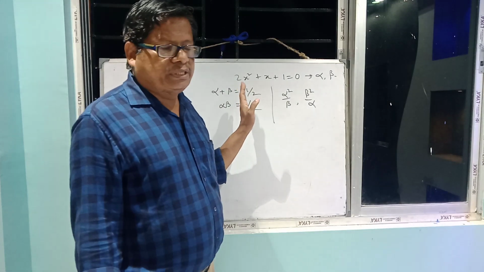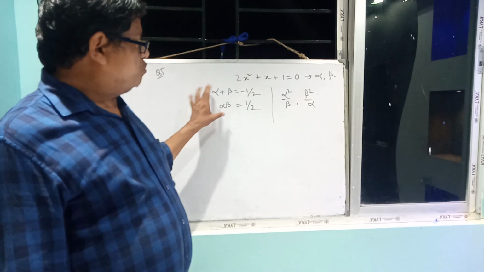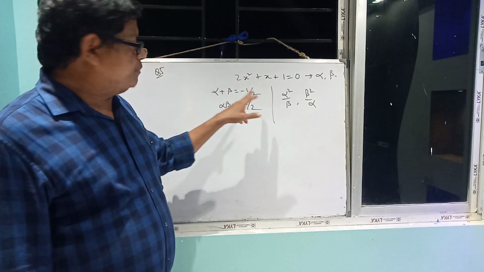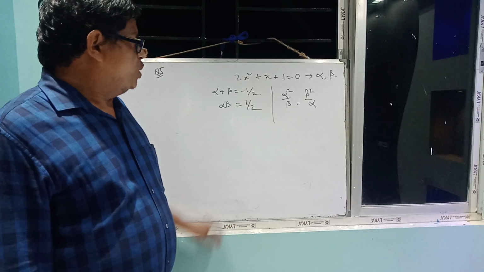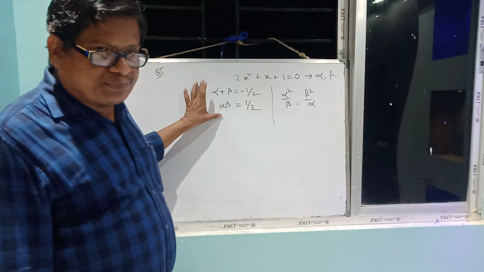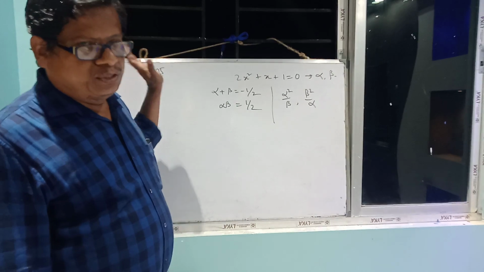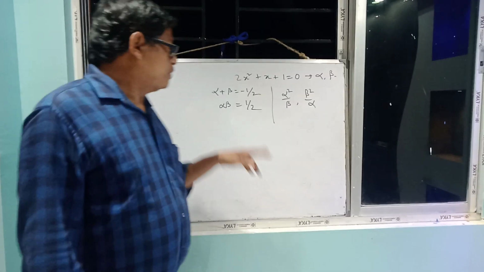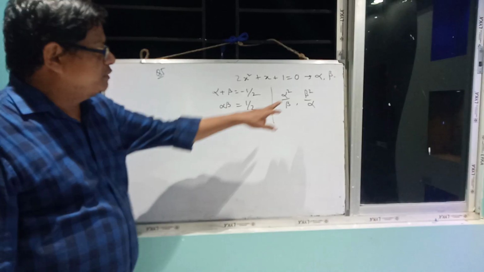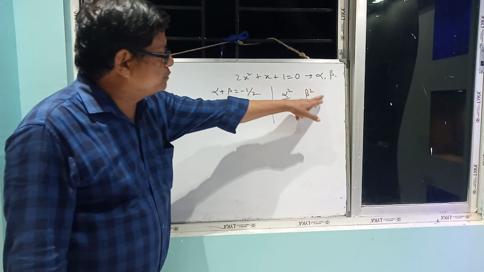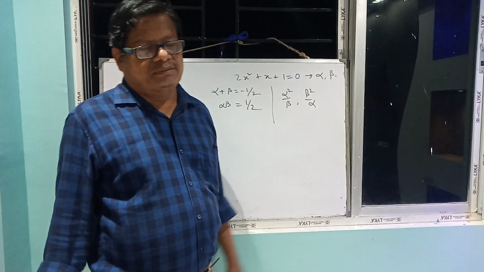So you do like that: alpha plus beta is minus half and alpha beta is half. With the help of alpha plus beta and alpha beta, we have to find the value of this relation.